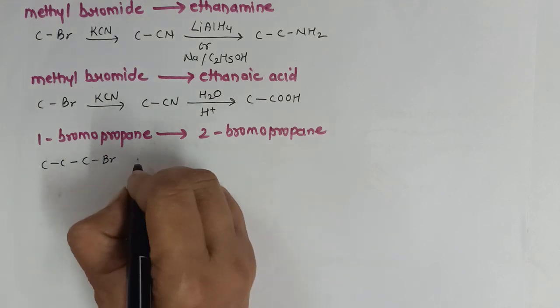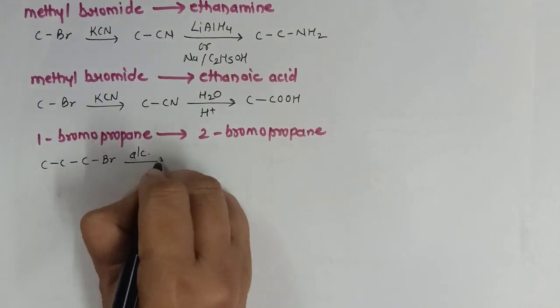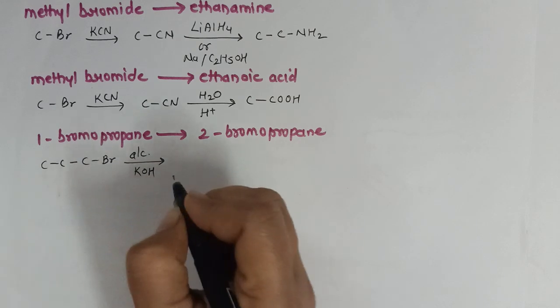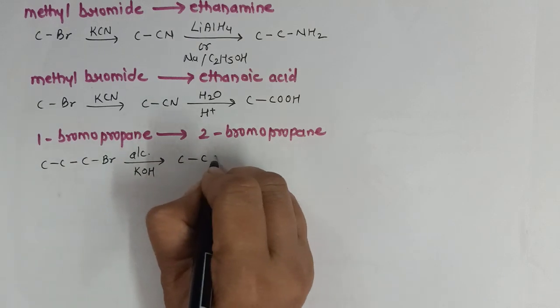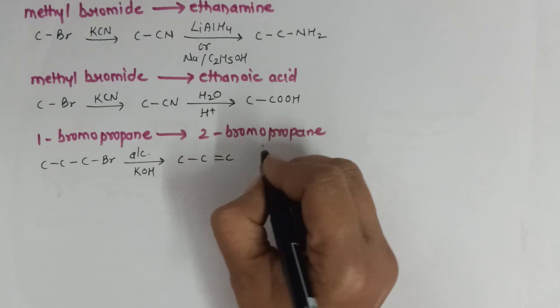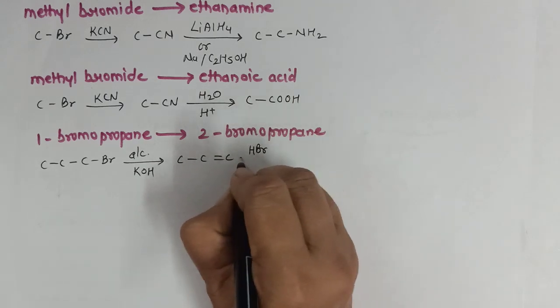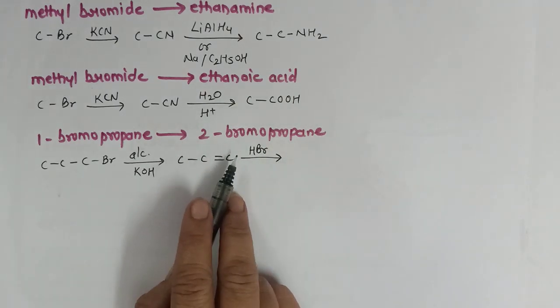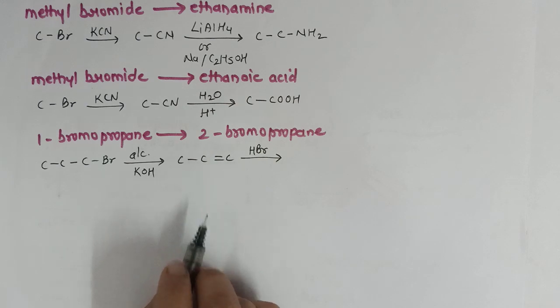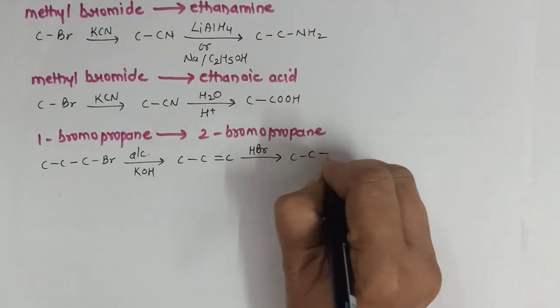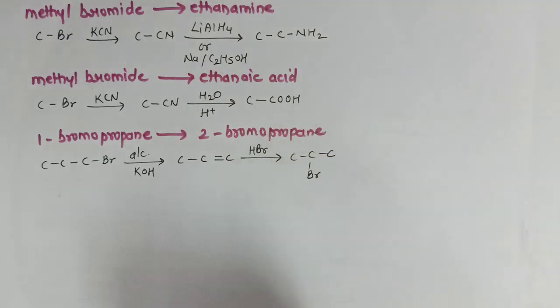First of all I will carry out an elimination reaction using alcoholic KOH. Now very easy, HBr, because in presence of HBr the reaction will follow Markovnikov rule and we will get 2-bromopropane as the major product.